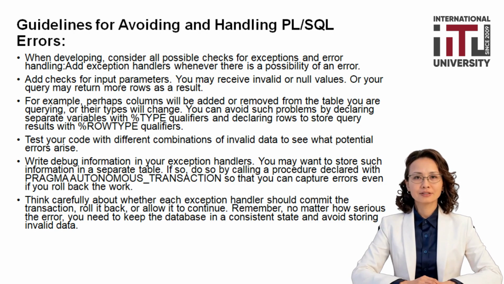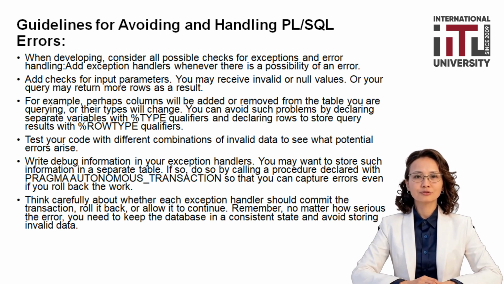When developing PL/SQL programs, always consider all possible errors and add exception handlers wherever an error might occur. Check input parameters carefully because they might be invalid or null. Queries may return too many rows or table structures might change over time. To handle this, use variables with %TYPE and %ROWTYPE qualifiers to match column types and store query results safely.